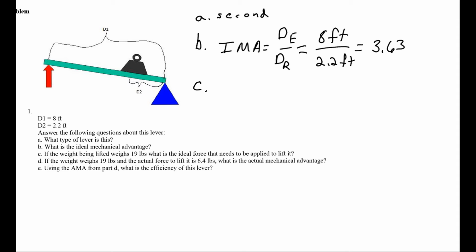Alright, so C. If the weight being lifted weighs 19 pounds, what is the ideal force that needs to be applied to lift it? So for this one, we're looking for the ideal effort force. So we're going to say IMA equals resistance force ideal over effort force ideal.